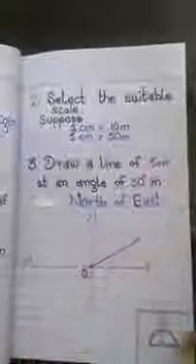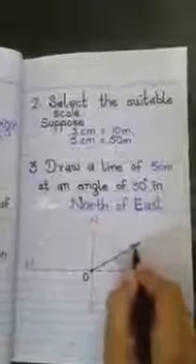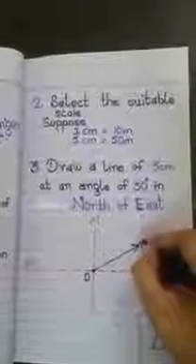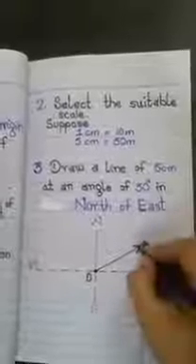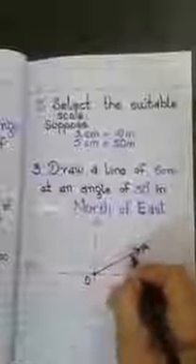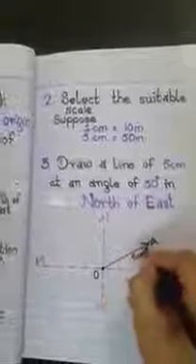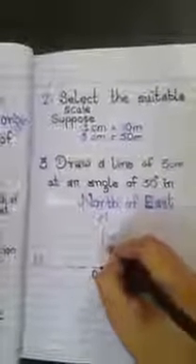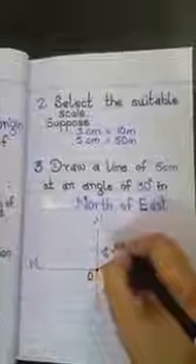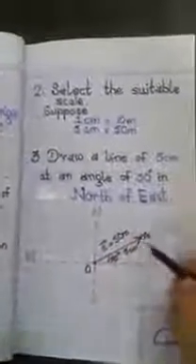Then I remove the ruler. At the end point I draw an arrowhead, and this point is denoted by A. This arrow has a length of 5 centimeter. This 5 centimeter line actually represents the displacement of magnitude 50 meter. This displacement makes an angle of 30 degrees, and the direction of the vector is north of east.